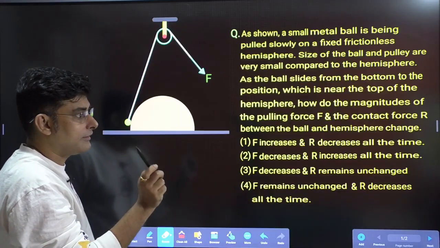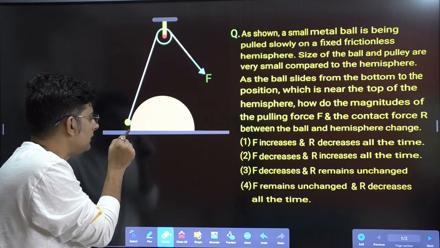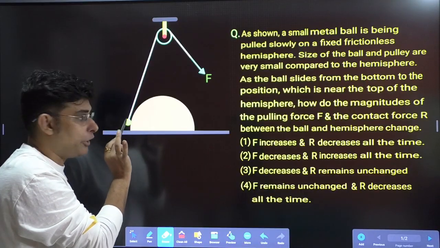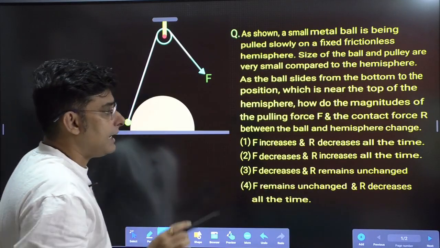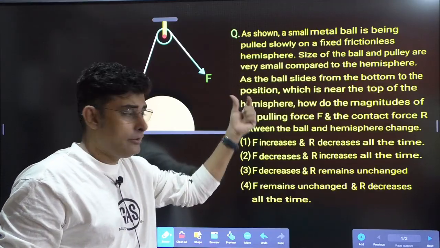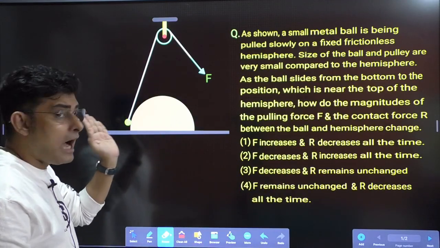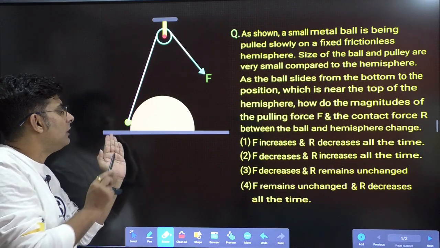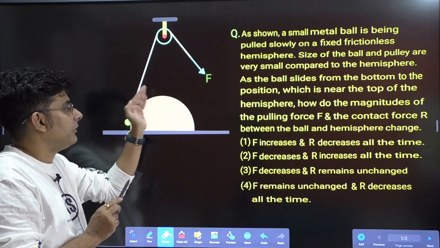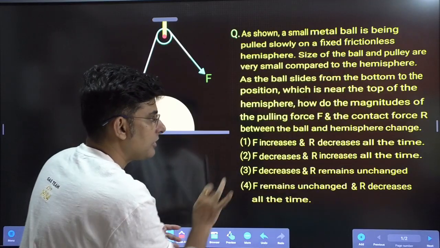So we have to consider the positions between the bottom of the hemisphere and the top point, and see what will happen to the applied force F and the normal reaction between the ball and the hemisphere. How will they change as the ball moves up on the surface of the hemisphere from the bottom to the top? Okay, so we have the options given.